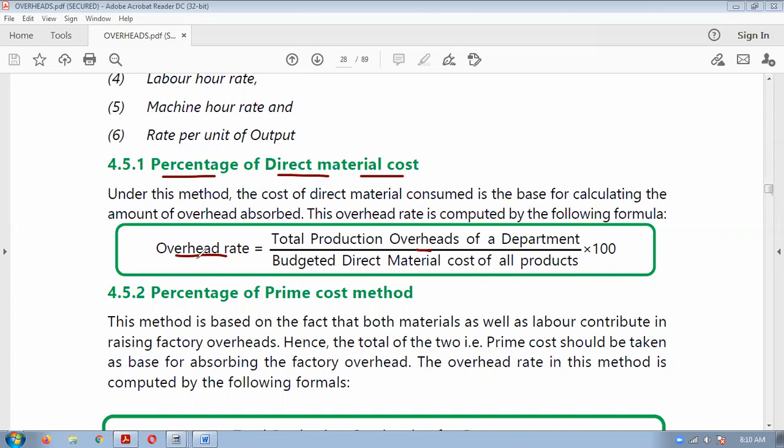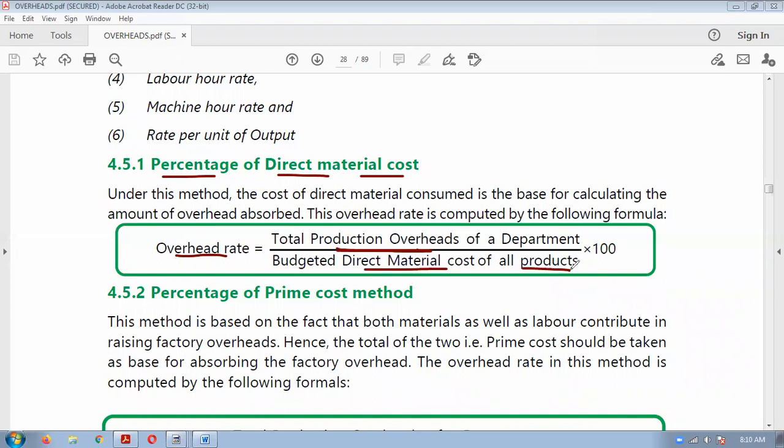So we will calculate the overhead rate in the percentage of direct material cost method. Total production overhead, the total indirect expenditure, divided by the budgeted direct material cost of all products. Based on that, we will allocate and charge the overhead to each product.